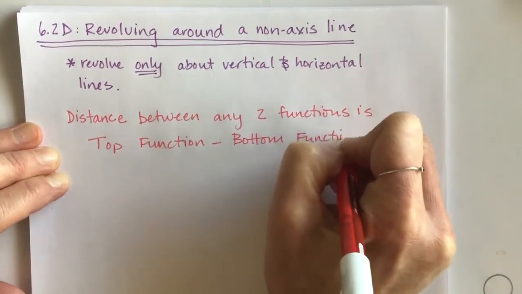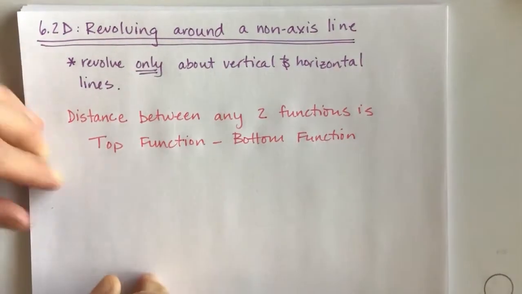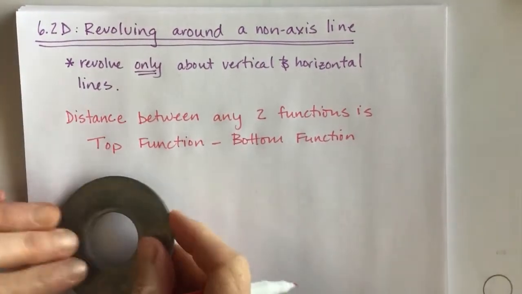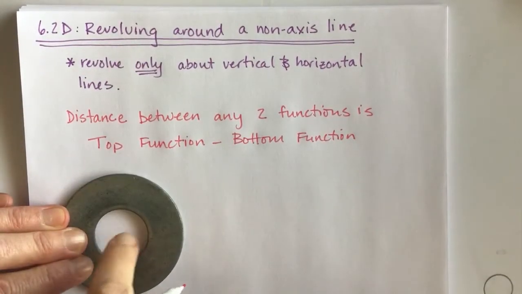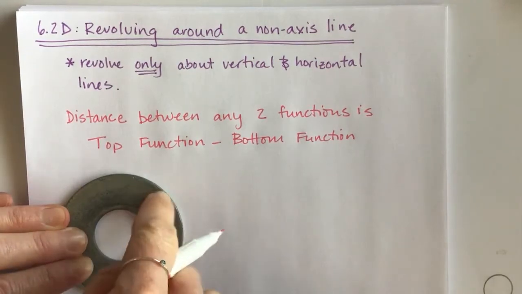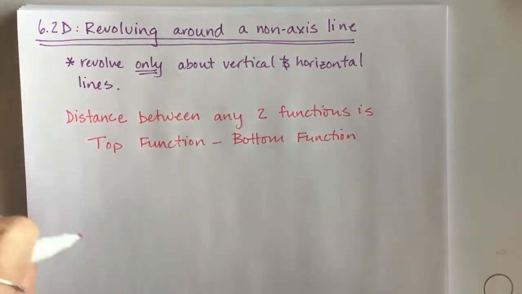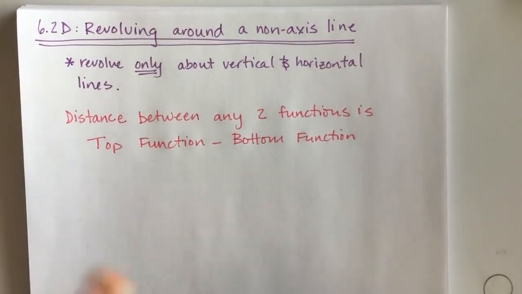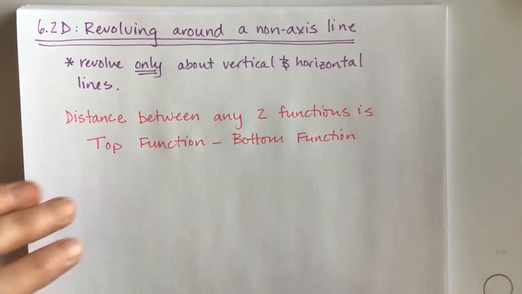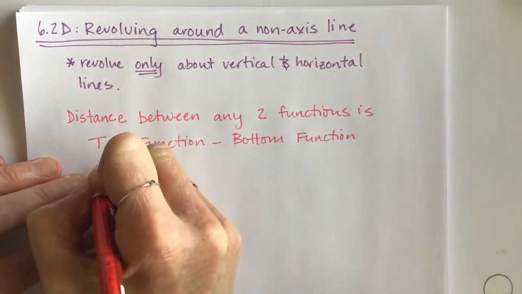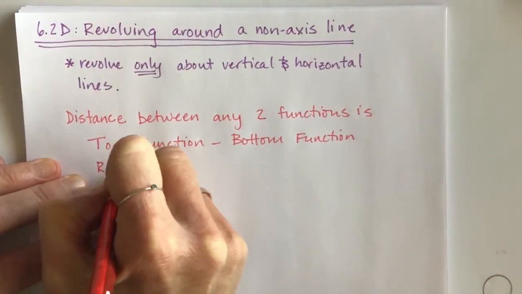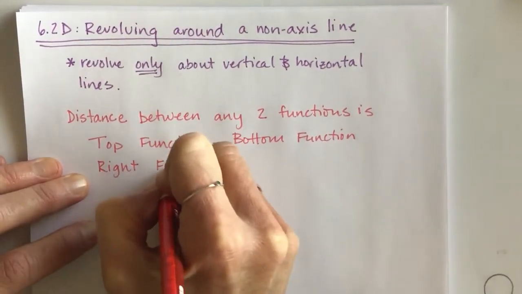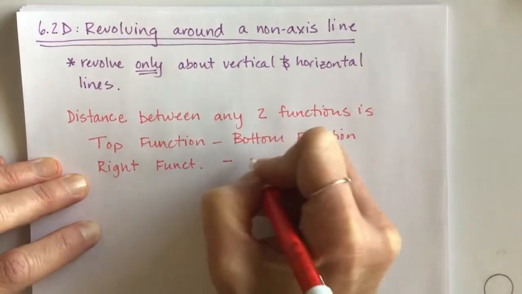If we can figure that out, we can always get those R values for our washer, the big R and little r. If we're doing a y-axis rotation or a vertical line rotation, it's going to be the right function minus the left.